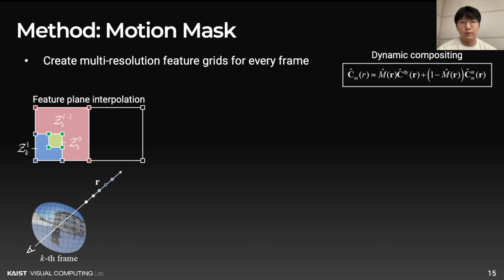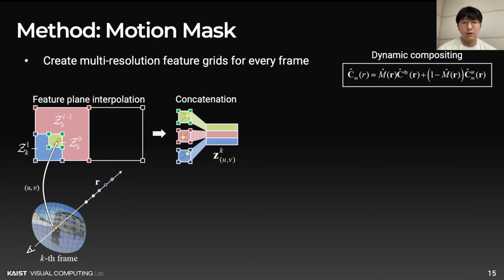We also propose a motion mask module to mask out the dynamic objects automatically while training radiance fields. First, we create a multi-resolution feature grid for every frame. When we render the color of the pixel UV at the kth frame, we extract the corresponding multi-resolution features from the kth feature grid and generate feature code Z by concatenating them together.